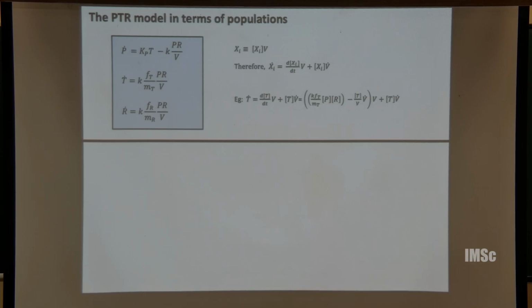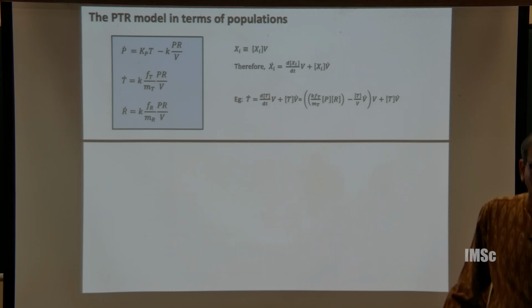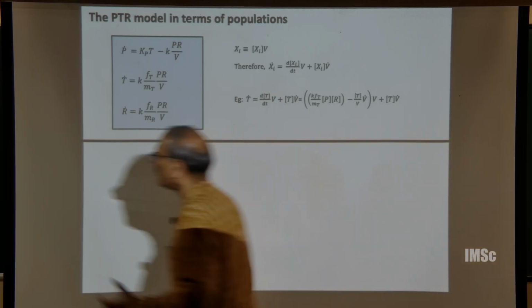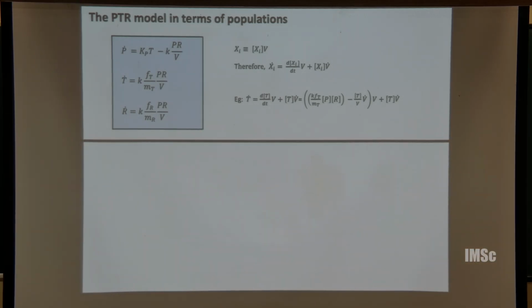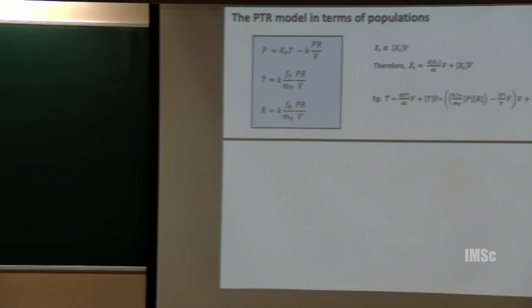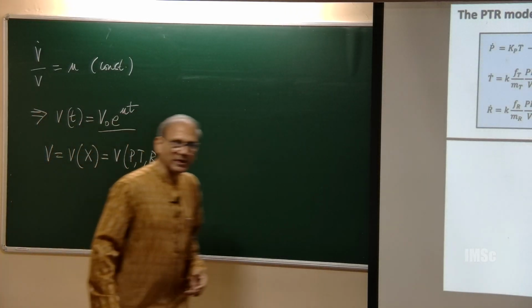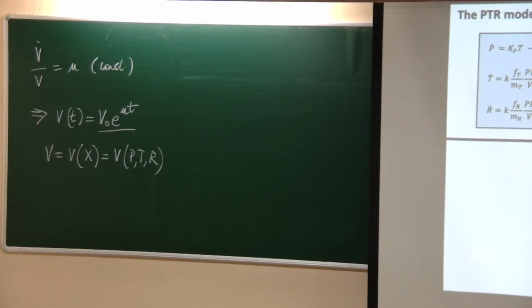So the volume of the cell we would like to take to the level of a dynamical variable. We would like to make V equal to V of X, or in this case V of P, T, R, so that the quantity is endogenous.